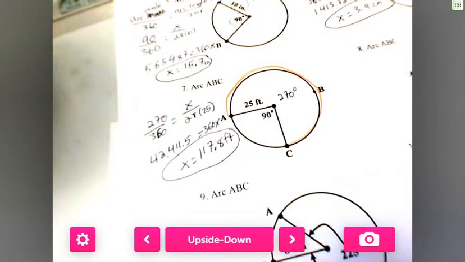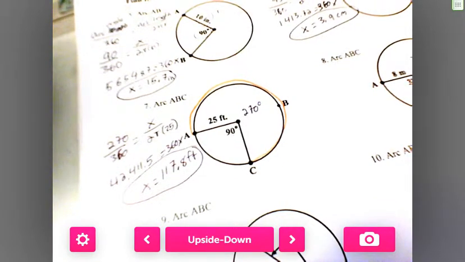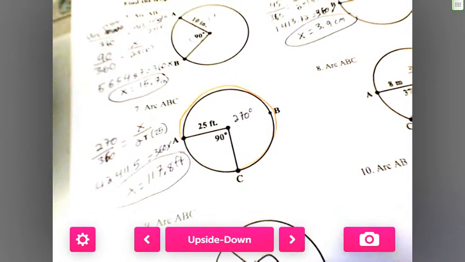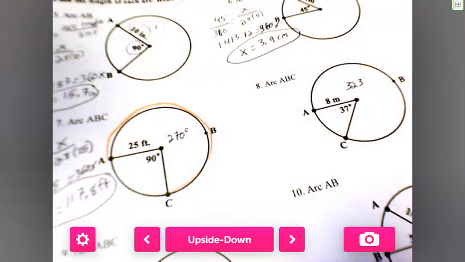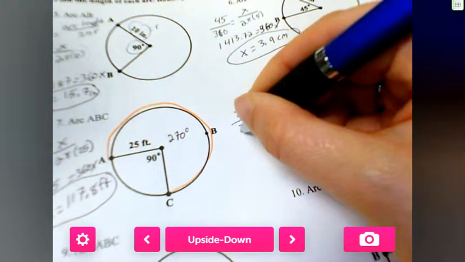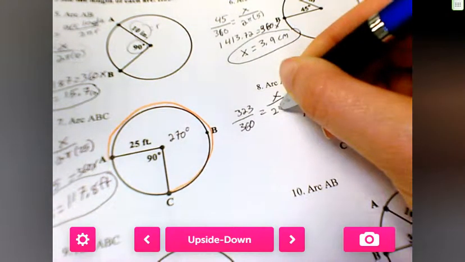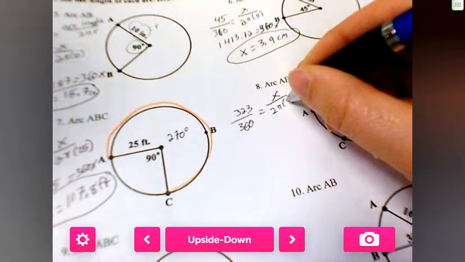Let's try one more like that, okay? Let's try number 8. We've got 37, but I want arc ABC, so I'm going to go 360 minus 37 gives me 323. Okay? And then I'm going to go 323 over 360 equals x over 2 pi 8.